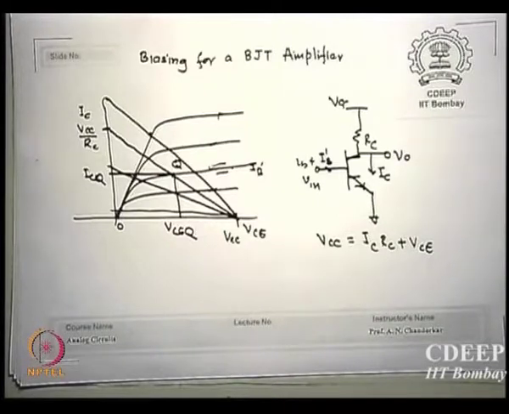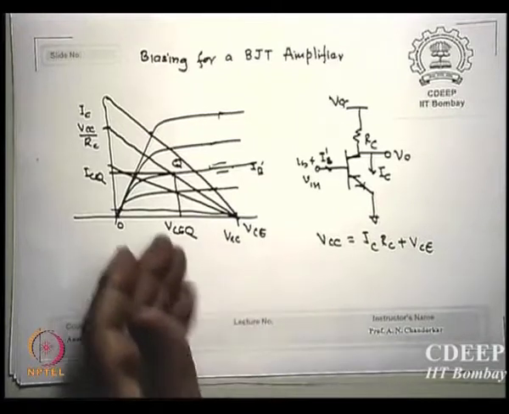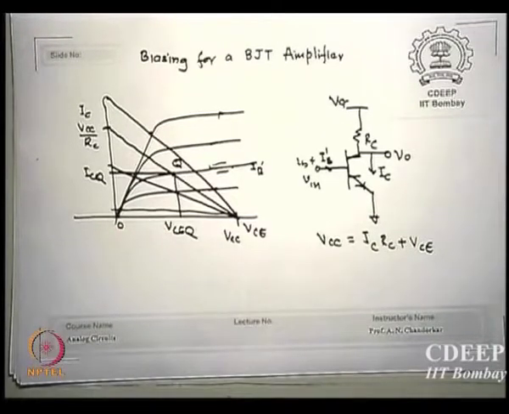Okay. So these are the issues when I decide what value of RC I should choose, or given an RC and a VCC, where I am going to be, to find the operating point. This is what we are essentially saying when I say I want to know whether I am in active mode. Is that clear? This is what we mean by evaluating VCQ and ICQ.